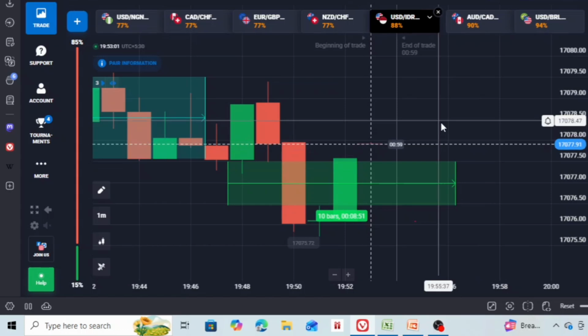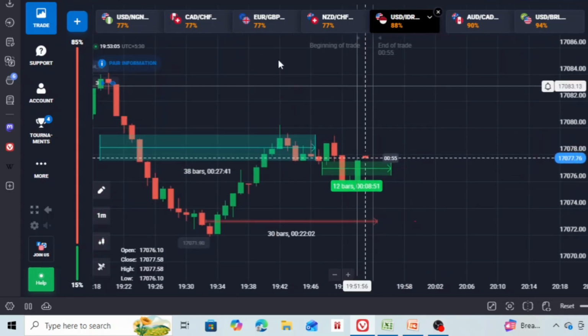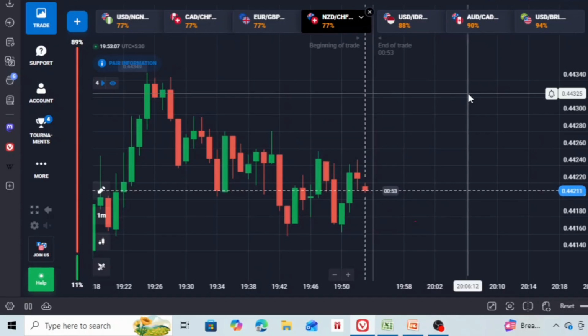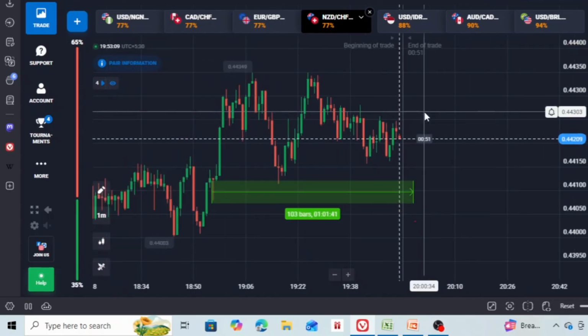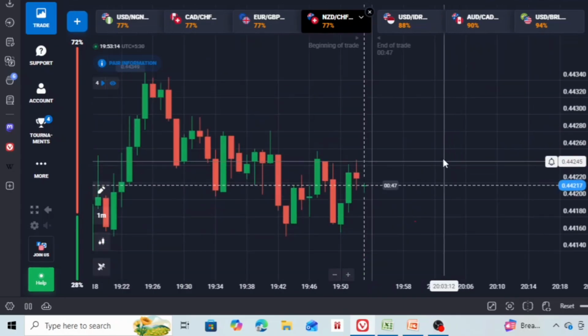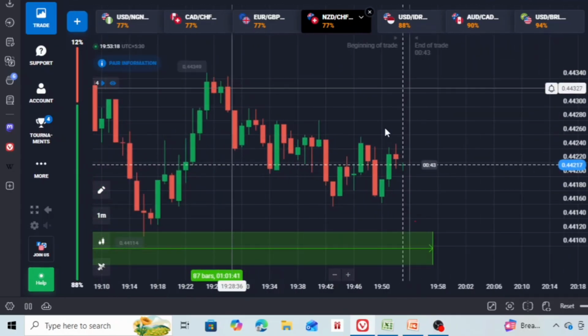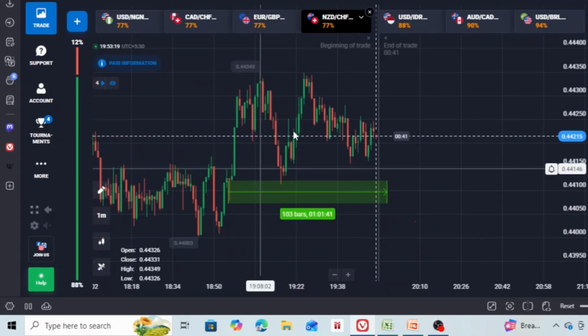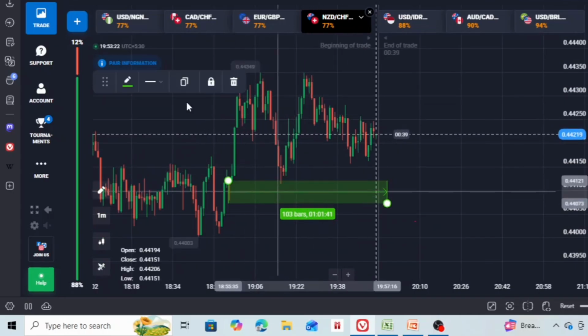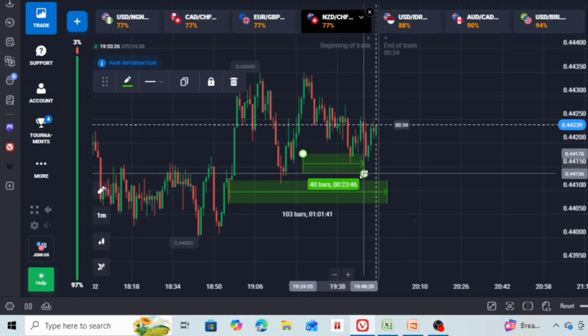Okay, no rejection, so we are not going to take a trade here. Okay, we can see some bullish gap here, but if you see the candle, it's not that good, so it's kind of risky also.